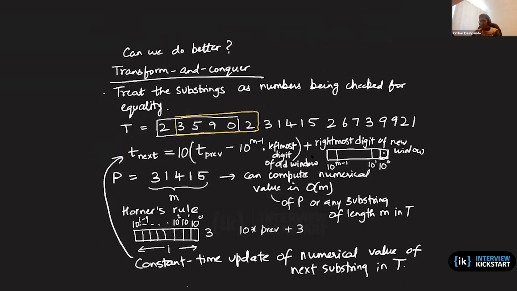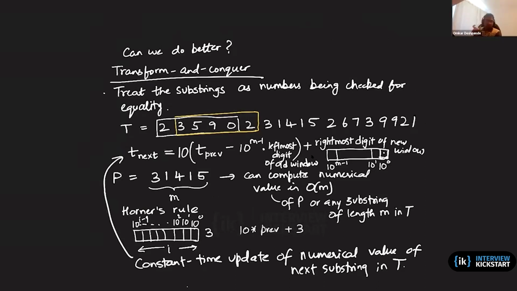And if we want to go back to the scenario where we have English letters, let's say our string is composed of the 26 characters of lowercase letters of the English alphabet. We can interpret any substring there also as a number.